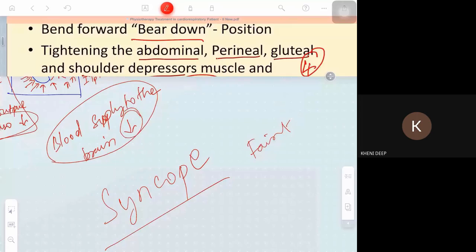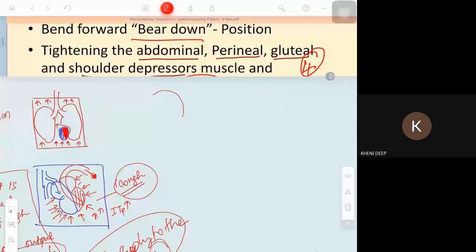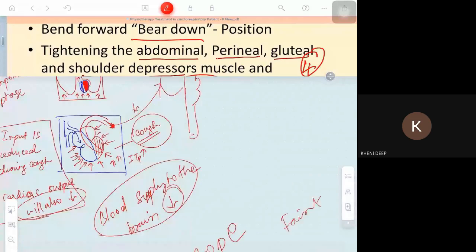So the brain will receive less blood supply, oxygen will be reduced, and the cells of the brain will receive less oxygen. For a period of time the patient will faint. Clear? That is called syncope.